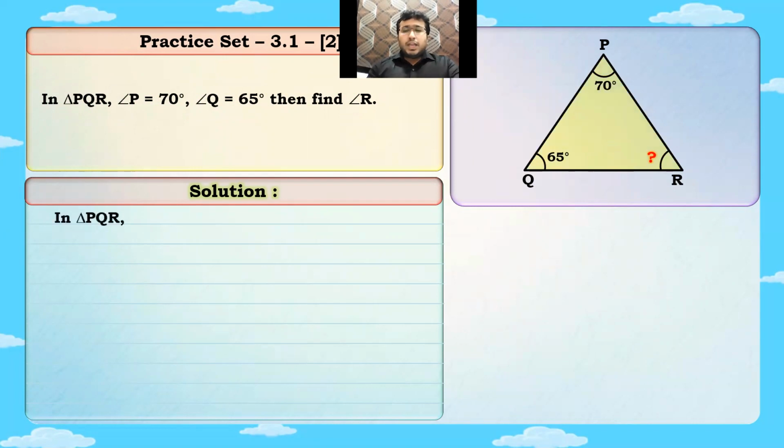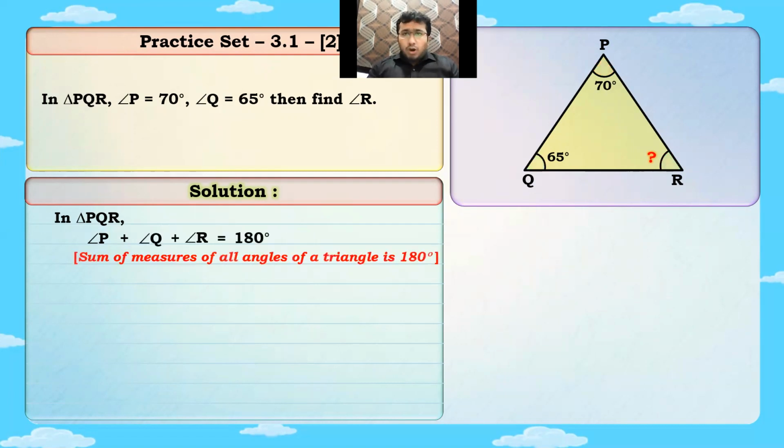So in triangle PQR, we know the sum of all angles of a triangle is 180 degrees. So we add all the three angles: measure angle P plus measure angle Q plus measure angle R is equal to 180 degrees, and the reason will be the sum of measures of all angles of a triangle is 180 degrees.